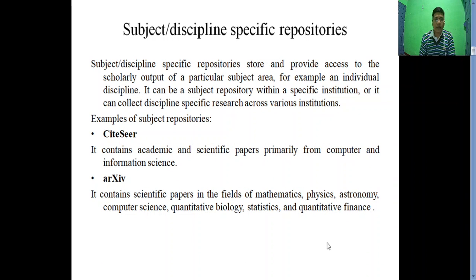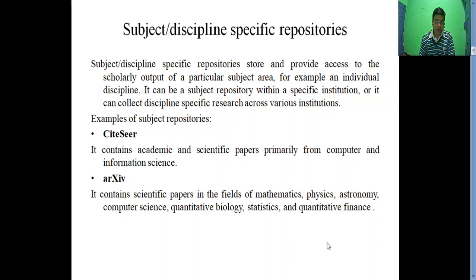What is the next thing? The subject or discipline specific repository. Subject or discipline specific repositories store and provide access to the scholarly output of a particular subject area, for example, an individual discipline. It can be a subject repository within a specific institution, or it can collect discipline specific research across various institutes.